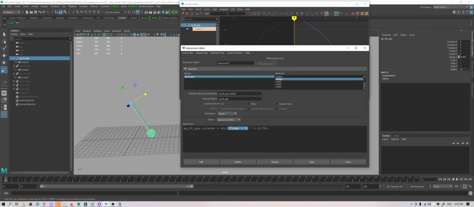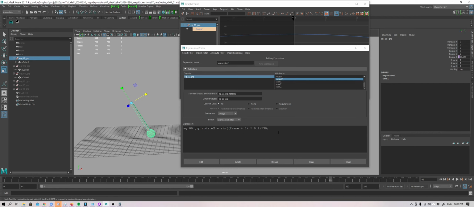Get that frame offset already, and then do whatever we had before, multiply by and slow that frame down. Alright, with this I edit, I rewind, and then I play. You'll see the exact same animation, okay, with a multiplier to slow time down, but the frame has been offset, and then we multiply it by 30.